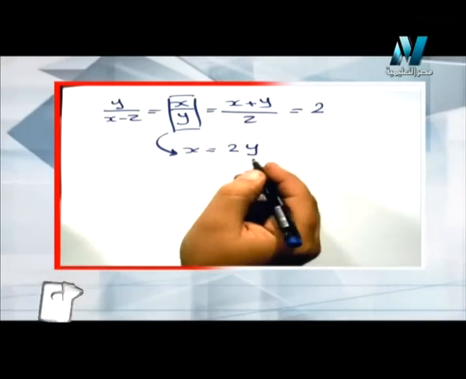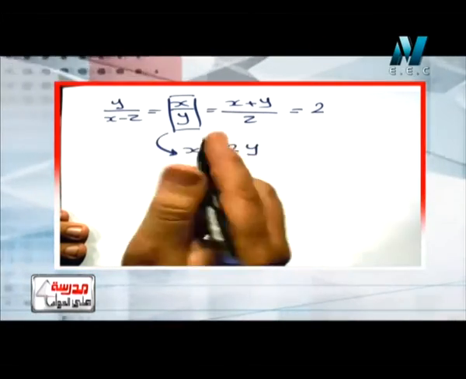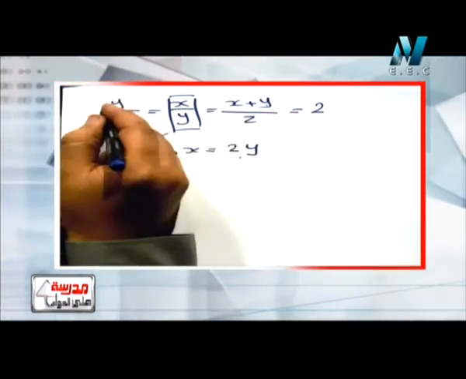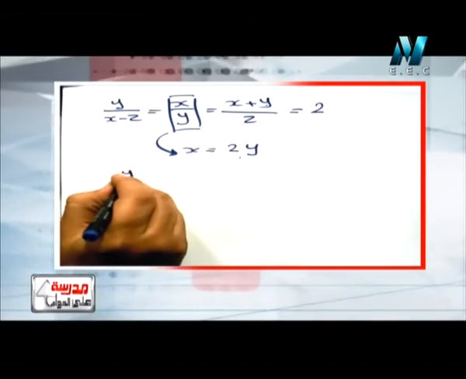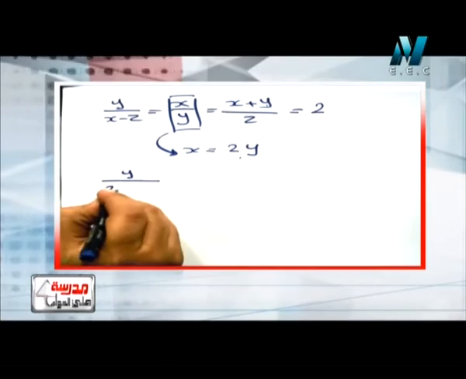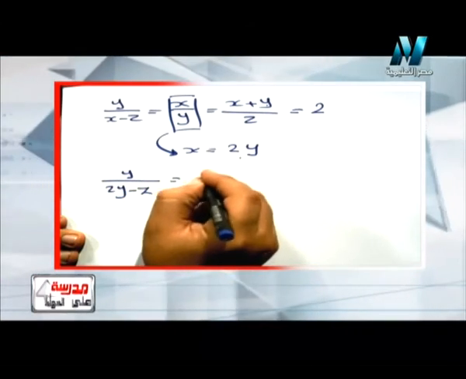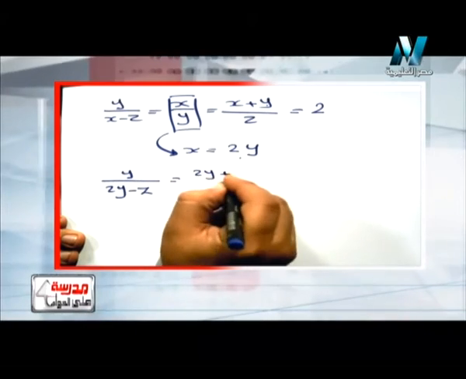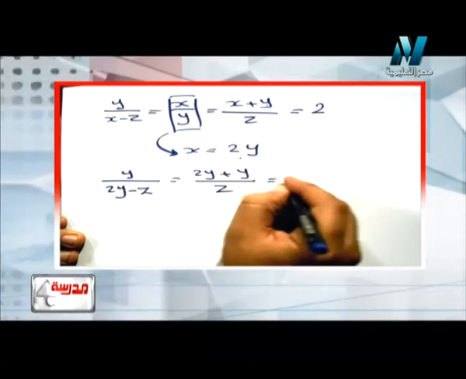Now for x equals double y, I can replace this ratio in one of these 2 ratios. So I can write y over 2y minus z equals 2y plus y over z, and this equals 2.